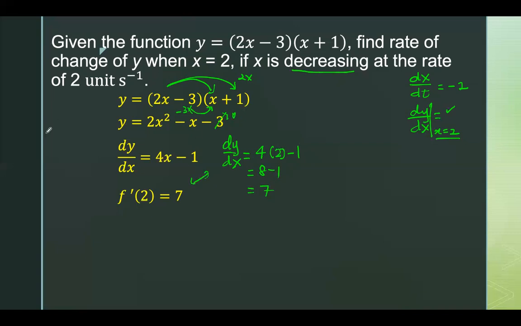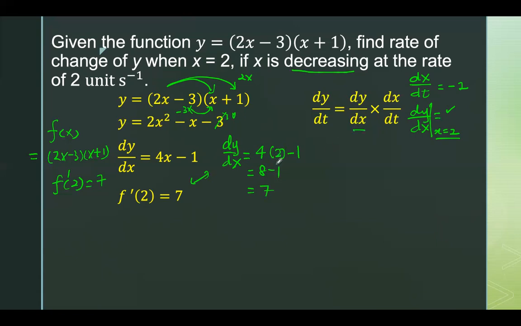If I use f(x) equals (2x minus 3) times (x plus 1), then I use this symbol f'(2) equals 7, so it's equivalent. Then we apply the formula dy/dt equals dy/dx times dx/dt.